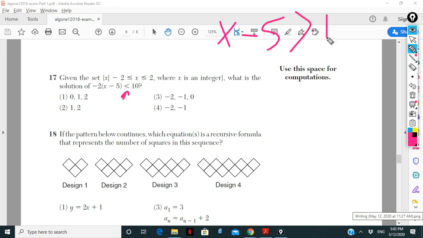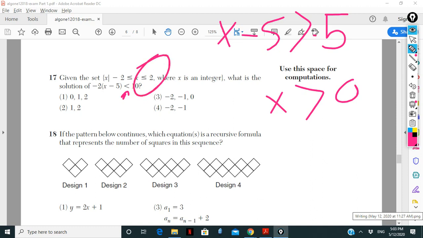More than, negative 5. Now it's more than negative 5. Now when I add 5, x is more than 0. So x is going to be more than 0 but at the same time less than or equal to 2. So I have 1 and 2, since we have integers, so the answer is 2.